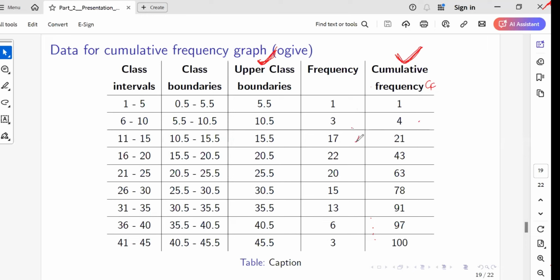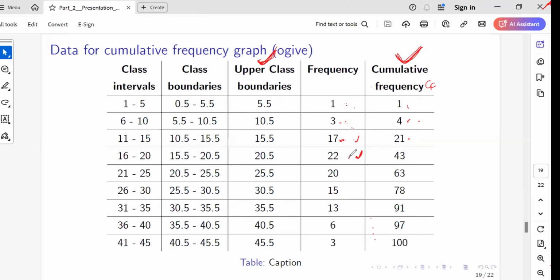Now in my third column, 17, I go back to my frequencies. 17 plus 3 plus 1, and that gives me 21. When I come to the next column, I take the next frequency, 22, plus all the others before it. So 22 plus 17 plus 3 plus 1. For the fourth row, how do you find the CF?